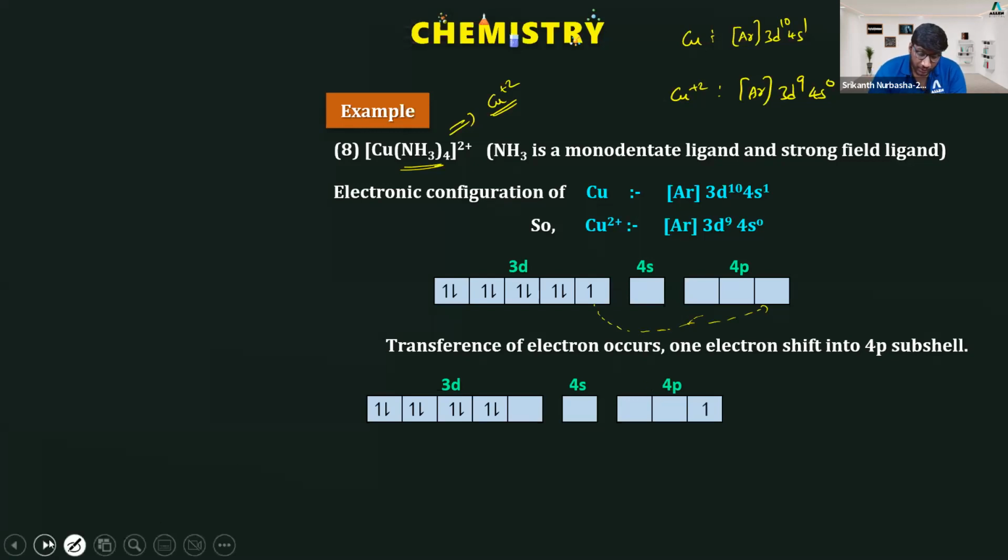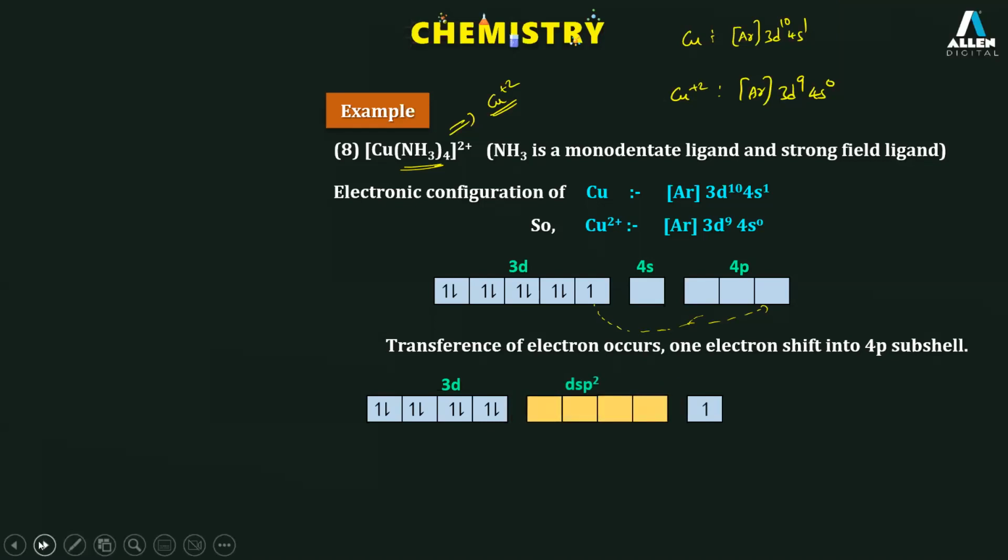Because of that, you will be having dsp2 hybridization. If you simply write 3d 4s 4p, since there is no possibility of pairing, you would involve the hybridization of 4s and 4p only and call it sp3 hybridization, which is wrong. Why?